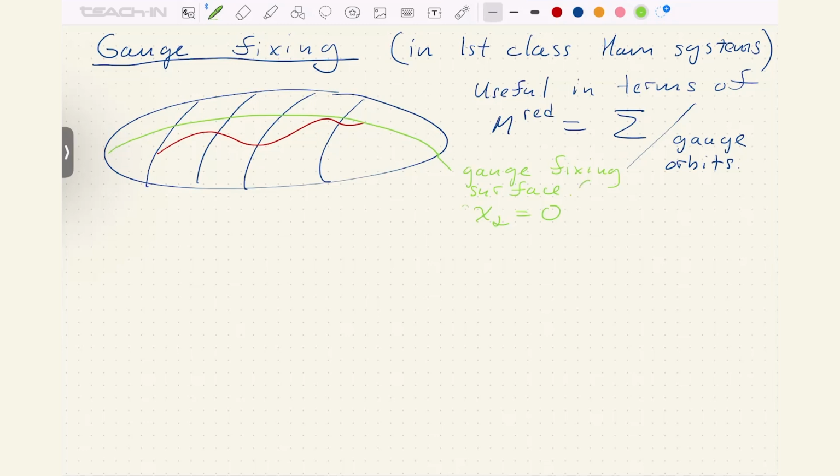I need to give it a name, G, such that G intersects each orbit once and only once.